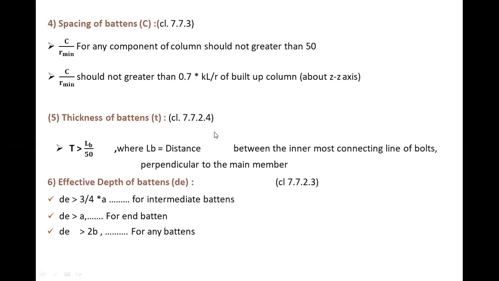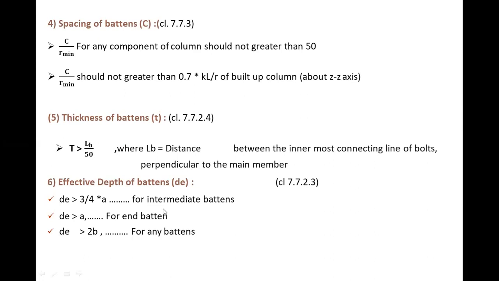The fifth criterion is the thickness of batten, represented as T and provided in clause 7.7.2.4. T, the thickness of battens, should be greater than Lb divided by 50, where Lb is the distance between the innermost connecting lines of bolts, perpendicular to the main members, right? Next, the sixth criterion is the effective depth of battens, DE, given in clause 7.7.2.3.